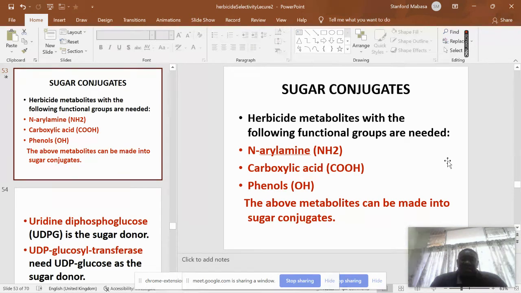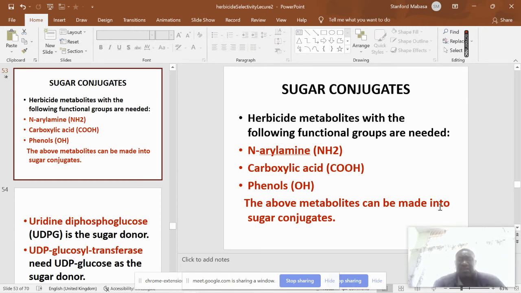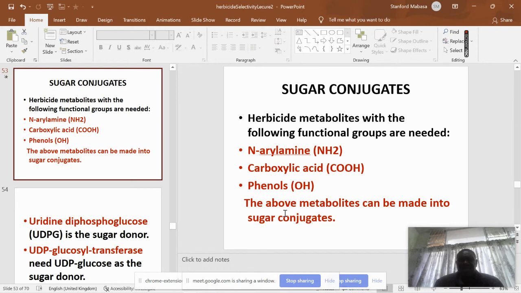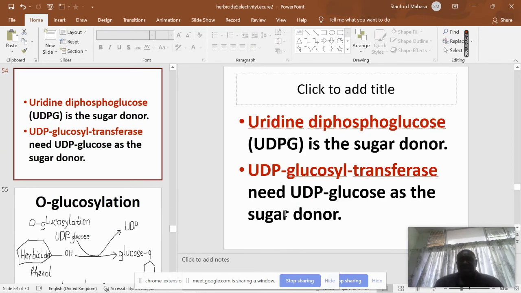If the herbicide carries an NH2, N-arylamine or an amine, carboxylic acid, COOH, or phenol OH, it's vulnerable to sugar activity. So the above metabolites can be made into sugar conjugates, and they will become less toxic, because sugar will be combined with these herbicide molecules or metabolites to form less toxic substances.